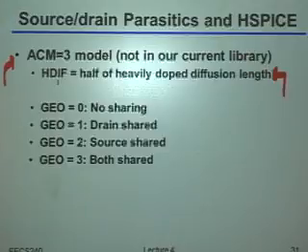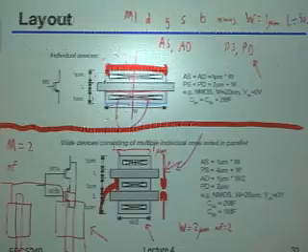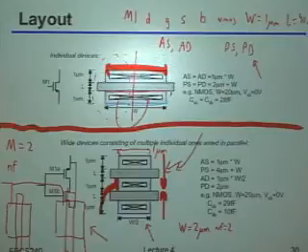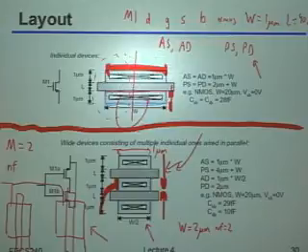That's the so-called HDiff. This is half of the heavily doped minimum diffusion length. In other words, if you looked at these pictures, there's always some minimum width or length of that diffusion. So HDiff tells you half of that dimension so that SPICE can calculate what AS, AD, etc. would be based upon knowledge of that HDiff. Okay?